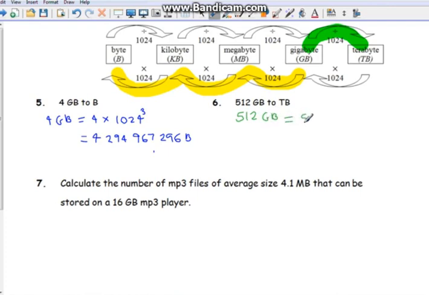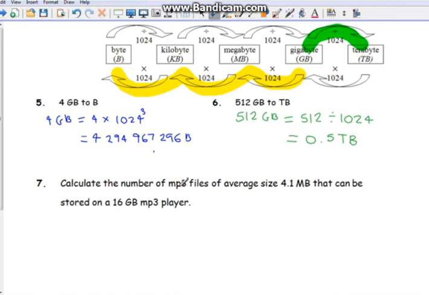We're going to divide by 1024. And when you do that on your calculator, you're going to end up with half, or 0.5 terabytes. So remember, these answers don't make any sense unless you have the units in there.